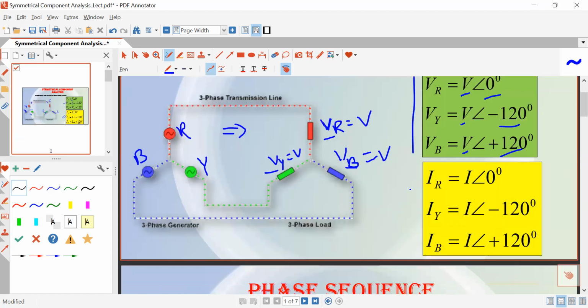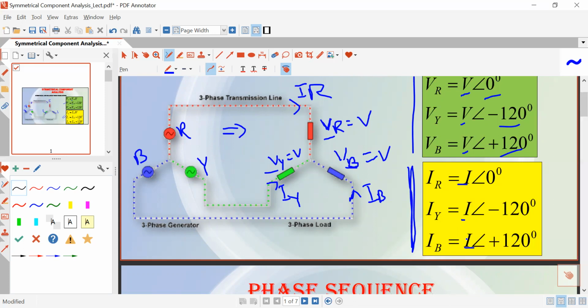Similarly, this is the phasor representation of balanced three-phase current flowing through the load. And you can see here the magnitude of phase current of each phase is the same, and the phase difference between two phase currents is 120 degrees. So this is the fundamental concept of the balanced system.